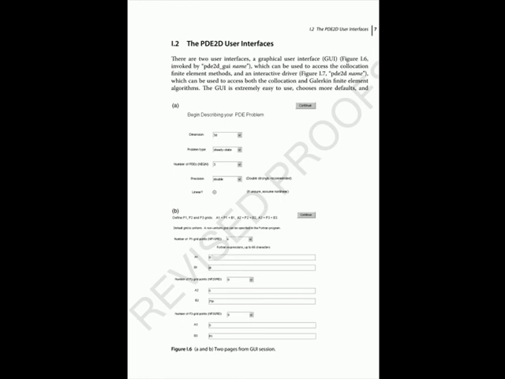Okay, section 2 is about the PD2D user interfaces, and the main PD2D video goes into some more detail, showing an example using the GUI, the graphical user interface, and the interactive driver, which are your 2 interfaces.